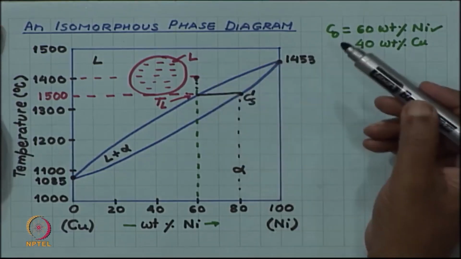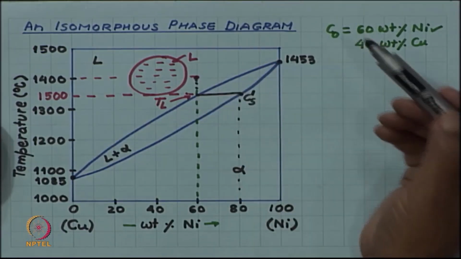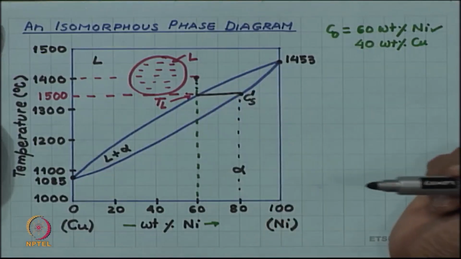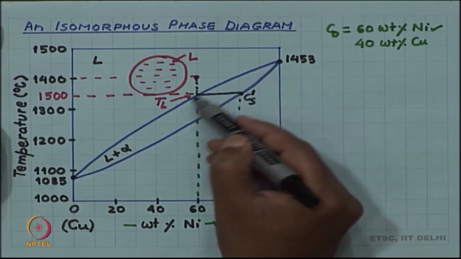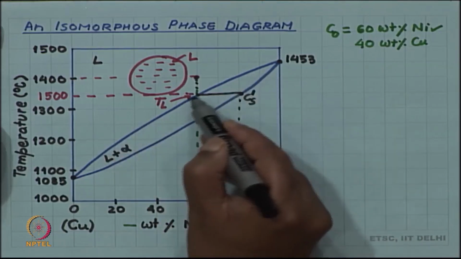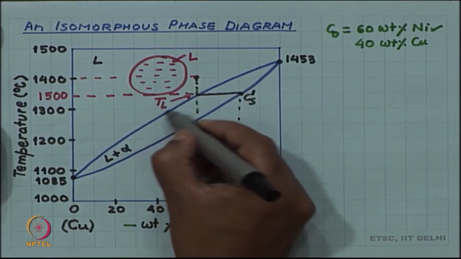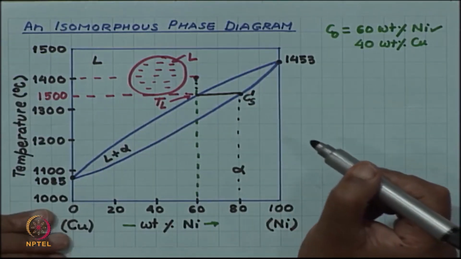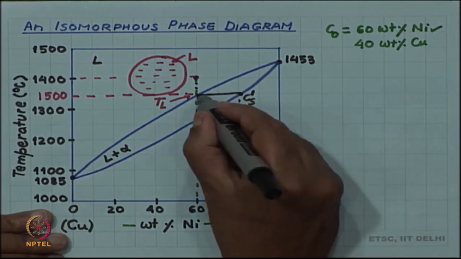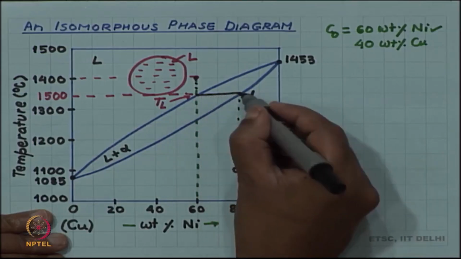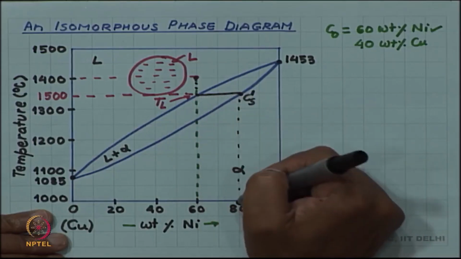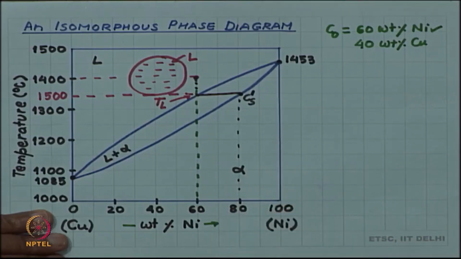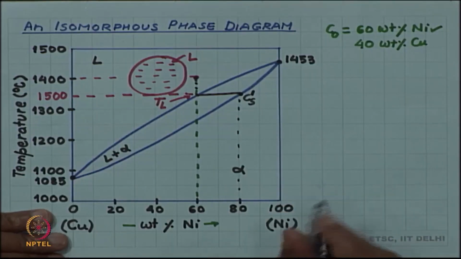So, you can look that up. Here I am taking it as an example that if this vertical line, the alloy composition vertical, intersects the liquidus boundary at whatever temperature, that is the liquidus temperature, and for example sake I have taken this to be 1500. Similarly, wherever this horizontal cuts the solidus line, that is the first solid to form, and again for example sake I am taking it to be 80%.